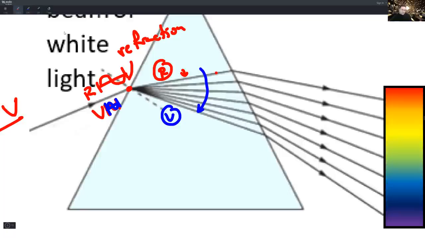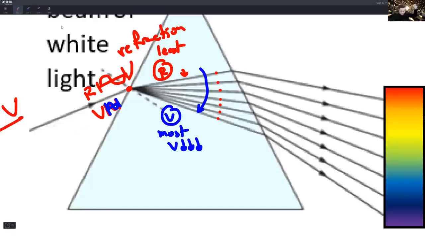Since every single color has a slightly different wavelength, every single color is going to change its speed by a different amount. So it bends with a different amount. Violet bends the most because it slows down the most. The velocity decreases the most. Red slows down the least.